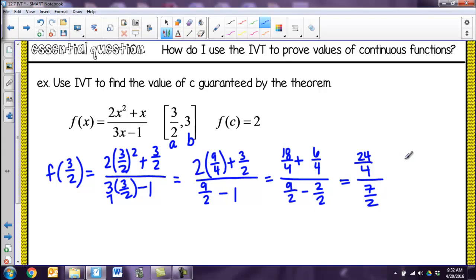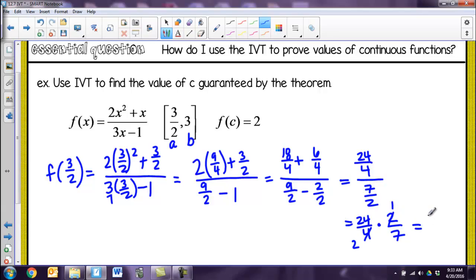And then I can just do my regular fraction stuff here. I would keep my first fraction, flip my sign, and change the fraction. And then I can try to simplify as much as I can. So this is 2, this is 1.